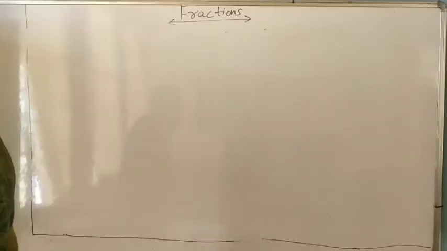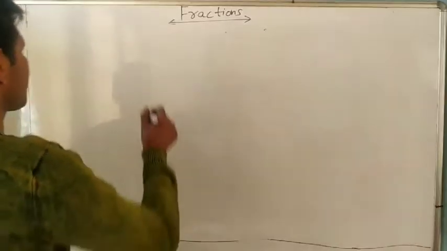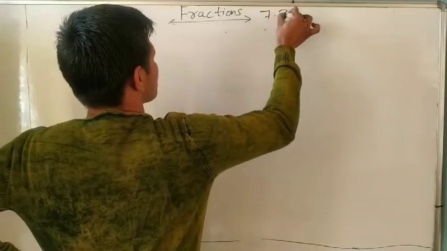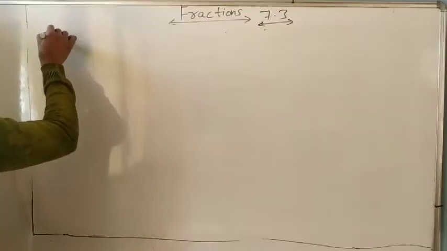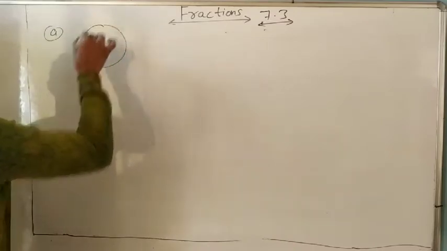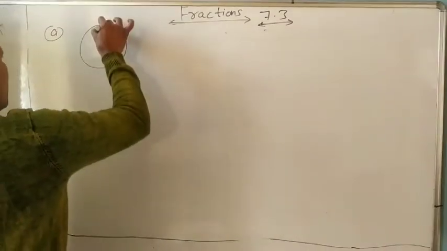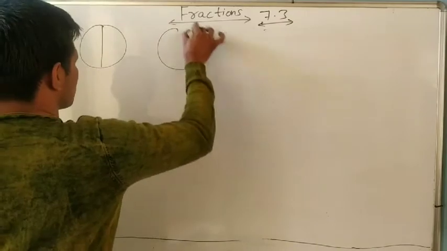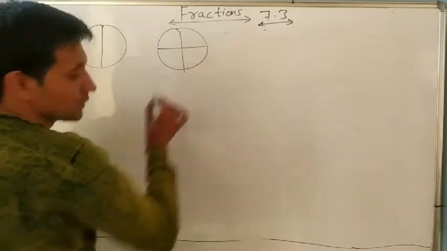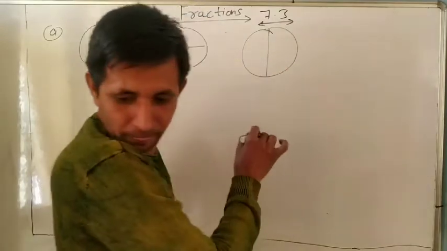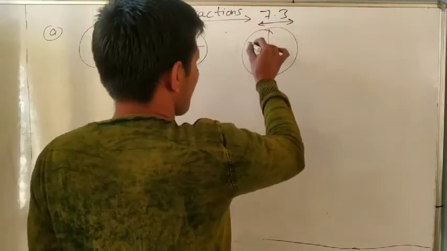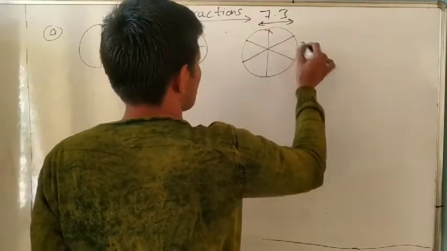Question number first, 7.3, first part. All circles are equal.